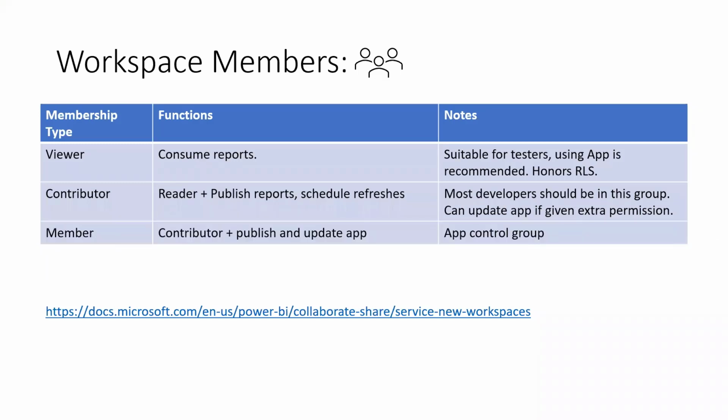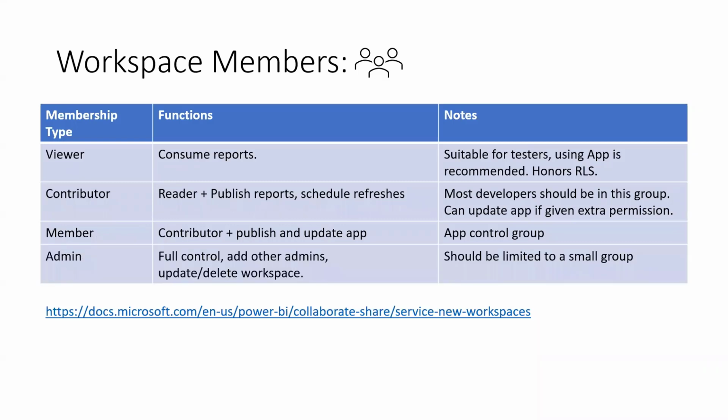Next level up is a member. They can update the Workspace app. And finally, there is the admin that has full control. Now, typically, I see a couple of admins. It's always good to have more than one admin and a bunch of members and a couple of viewers. I have not seen the contributor used a lot.